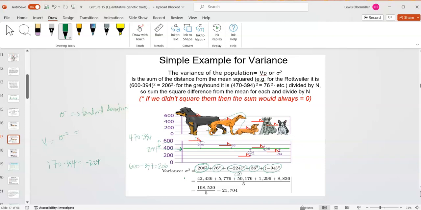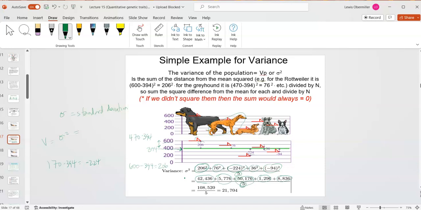And then we have 5 dogs, right? So we're going to divide that by 5. If we do the math, 206 squared is 42,436. 76 squared is 5,776. Negative 224 squared is 50,196. 36 squared is 1296. Negative 94 squared is 8836.